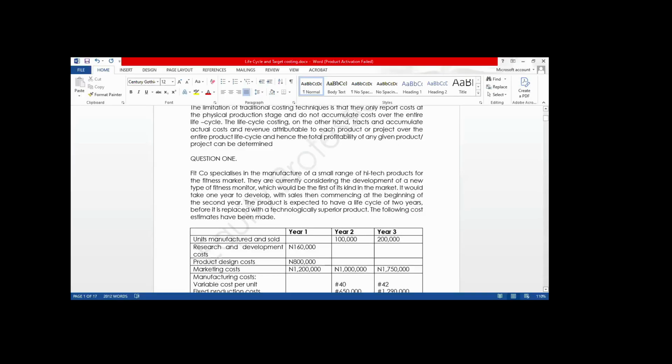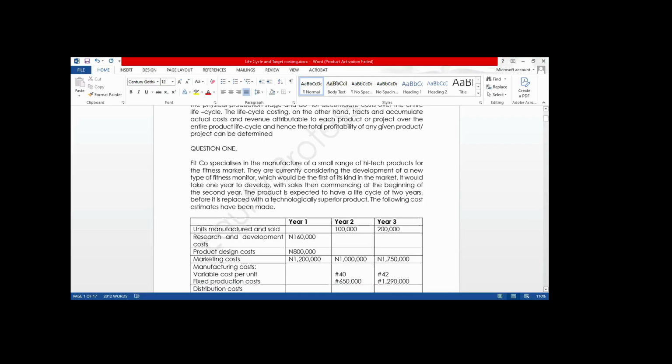It will take 1 year to develop, with sales then commencing at the beginning of the second year. The product is expected to have a life cycle of 2 years before it is replaced with a technologically superior product. The following cost estimates have been made.